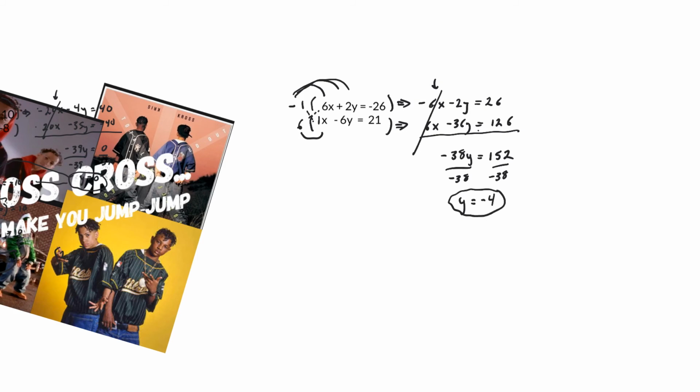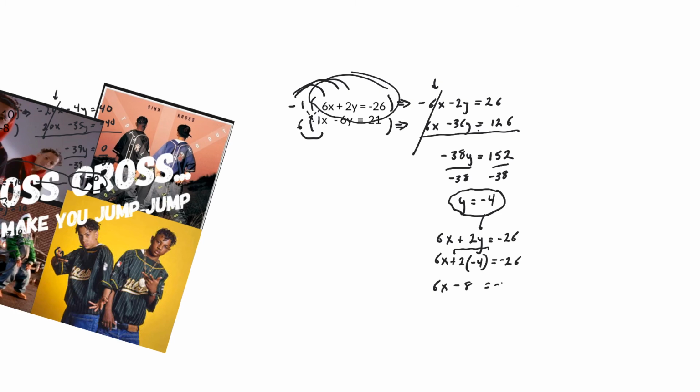Pick a booger. I'm going with the top original. Up here, 6x plus 2y equals negative 26. I'm plugging in for my y. And again, always going to take care of my parentheses with the brackets.